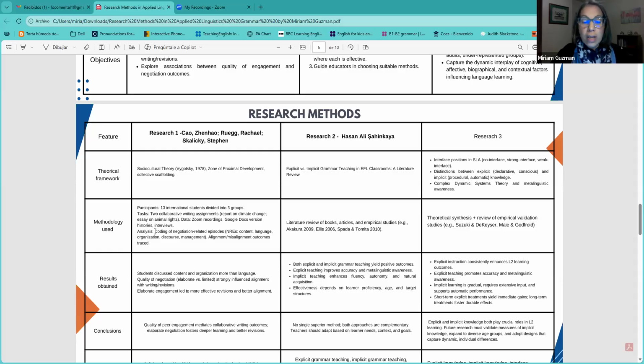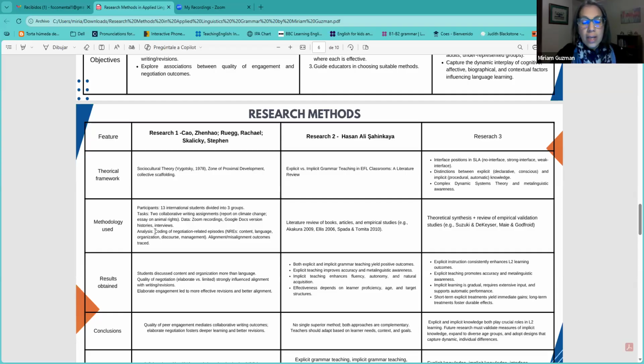The last article is by Roy Brakin 2024, who proposed a research agenda focusing on implicit and explicit knowledge across the lifespan. Importantly, she emphasized the need for validated measures of implicit knowledge and inclusion of underrepresented groups such as children and older adults.